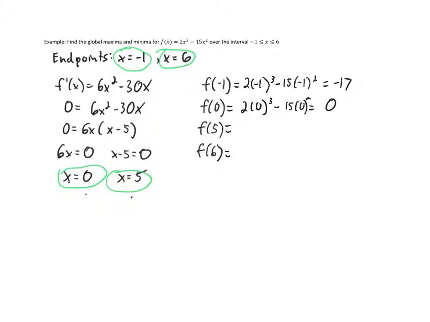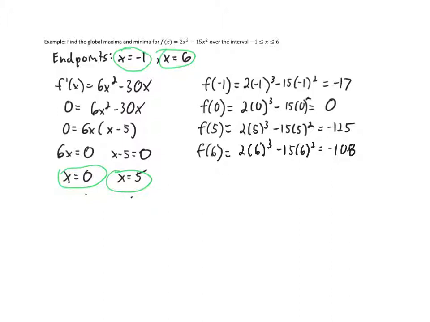Plugging in 5, 2 times 5 cubed minus 15 times 5 squared equals negative 125. And plugging in 6, 2 times 6 cubed minus 15 times 6 squared is negative 108.